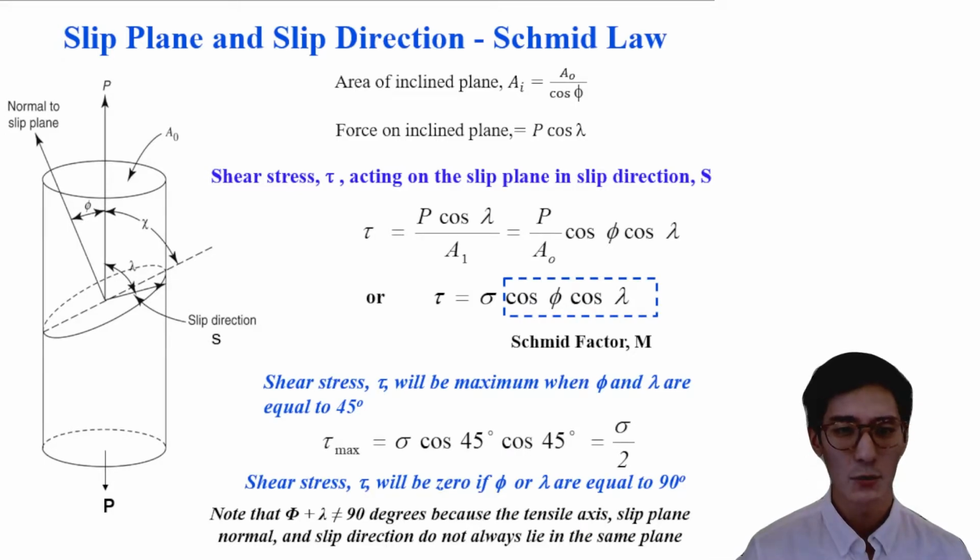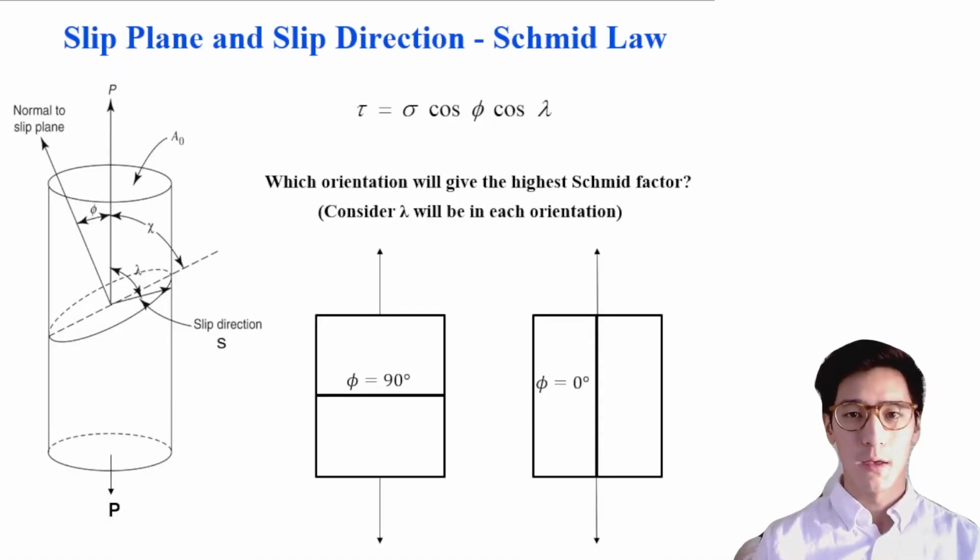To do so, we simply calculate the angle between the applied load and the slip plane normal, and also the applied load and the slip direction. We multiply this by the applied load to find the shear stress that acts on the slip plane in the slip direction.